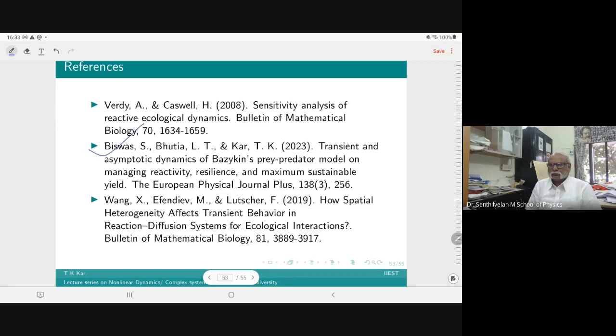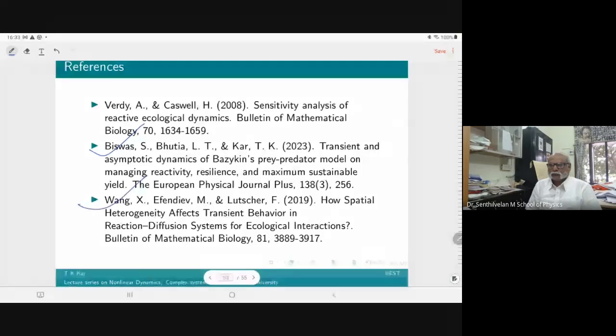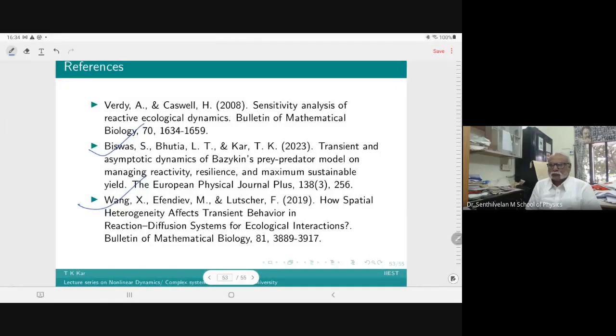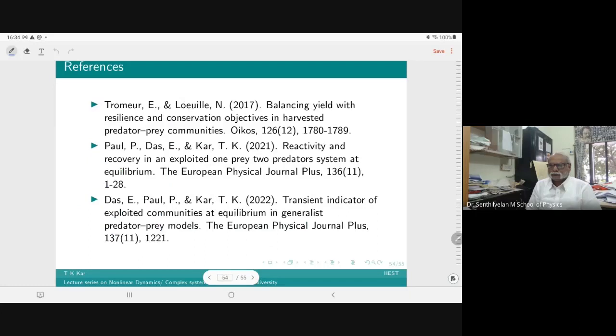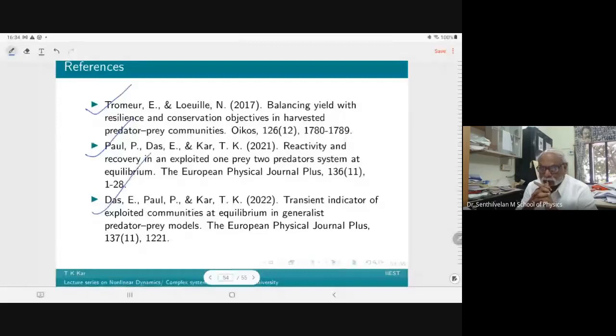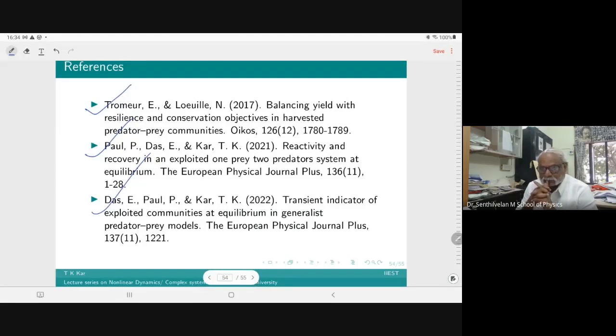One recent paper explains the transient and asymptotic dynamics of a predator model. Another paper shows how spatial heterogeneity affects transient behavior. Some more recent work on resilience can be found in this paper. Here are also some recent papers where transients and resilience are discussed based on predator models or other interacting population models.